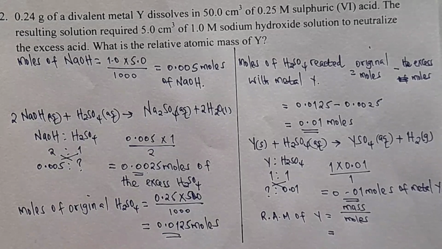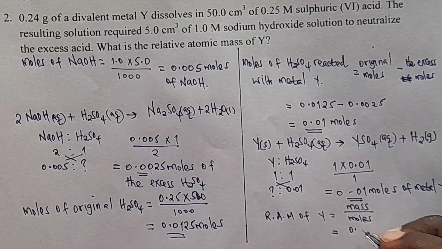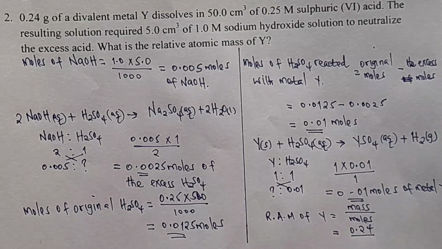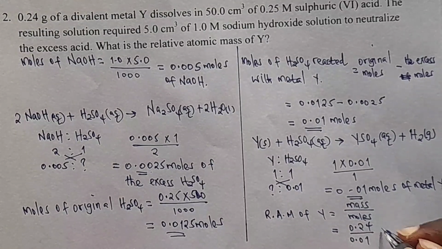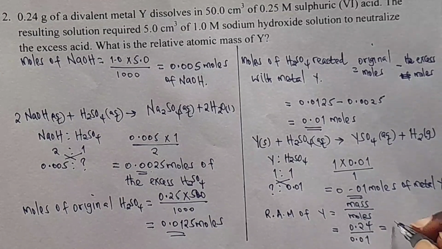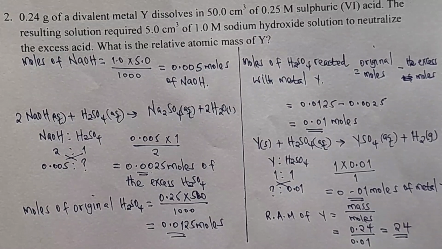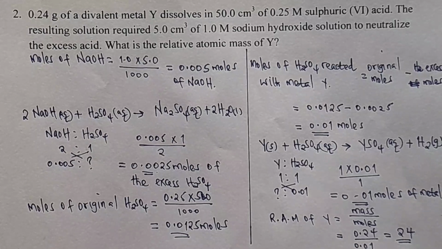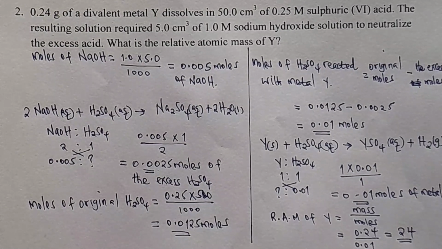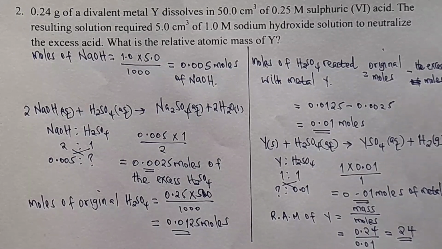You are told 0.24 grams of a divalent metal Y. So we have 0.24 divided by the moles of metal Y, which we have gotten as 0.01. When we put this in the calculator, we are going to get 24. That's the relative atomic mass of metal Y. And if you were asked the identity of that metal Y, that's automatically magnesium, because magnesium has a relative atomic mass of 24. That's the end of our question there.